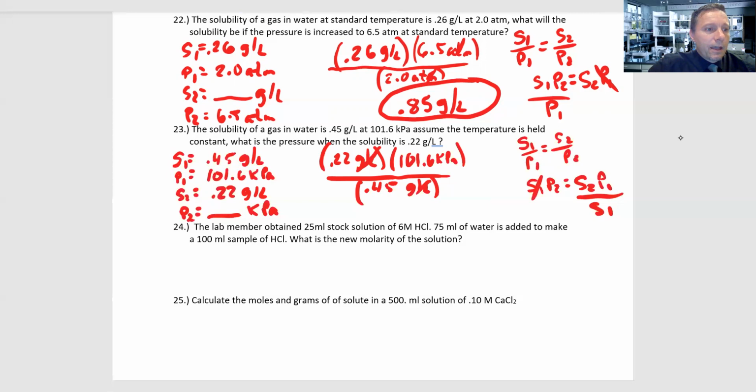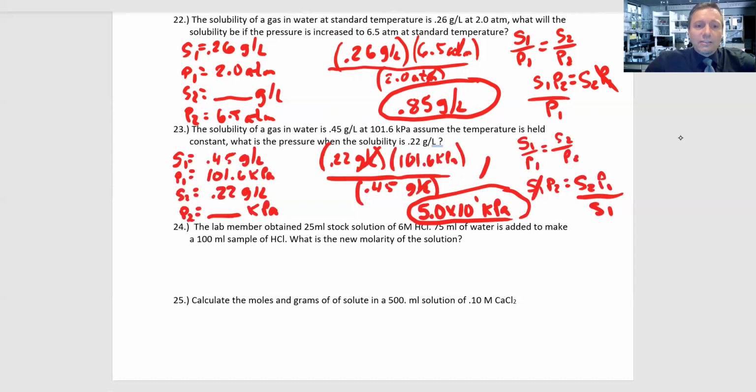It comes out to 49.67, and I have two significant figures, which means I should have it as 5.0 times 10 to the 1 kPa. So it would be 50 kilopascals, but because I need two significant figures, 50 is only one. I could go 50 and a dot, but this is simpler to do.